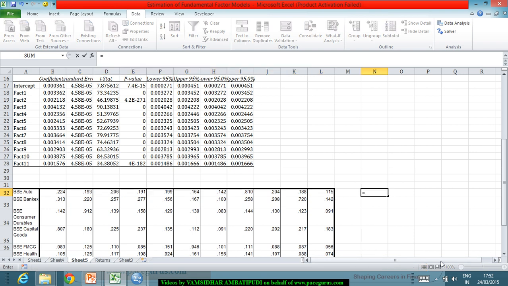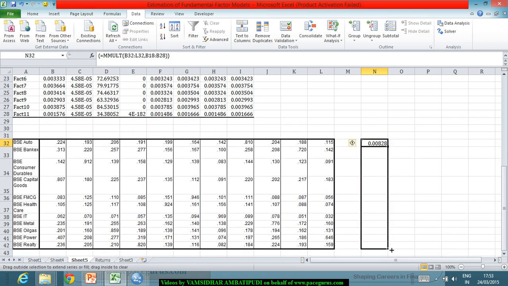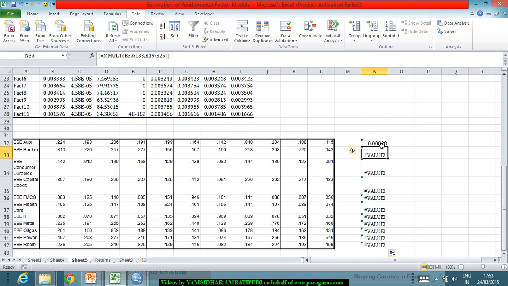Now if I have to look out for upgraded betas for each of these indexes, I am simply looking at the matrix multiplication between this and each of these factors. So this says, for the auto it is 0.00828.